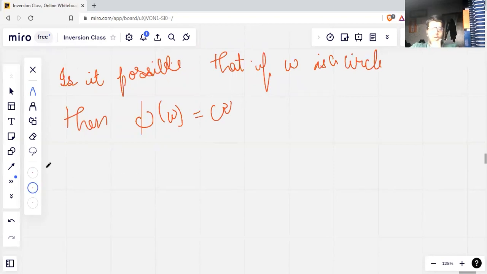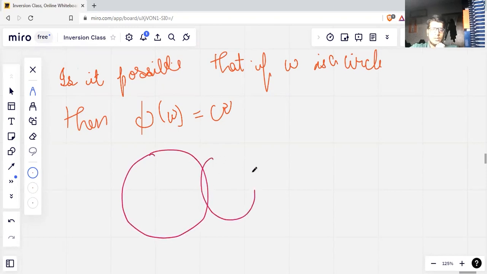So let's think about what the condition is saying to us. If you have this random circle, this is gamma, about which we'll consider our inversion, and this is omega.